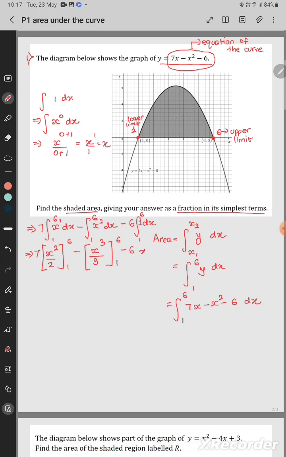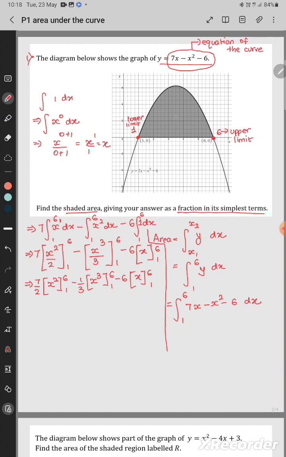So minus 6x, bracket 6 and 1. Just put the constants outside the bracket. So 7 by 2 bracket x squared 6 1, minus 1 by 3 bracket x cubed 6 1, and minus 6 bracket x 6 1. Okay, so I have completed the step so far.